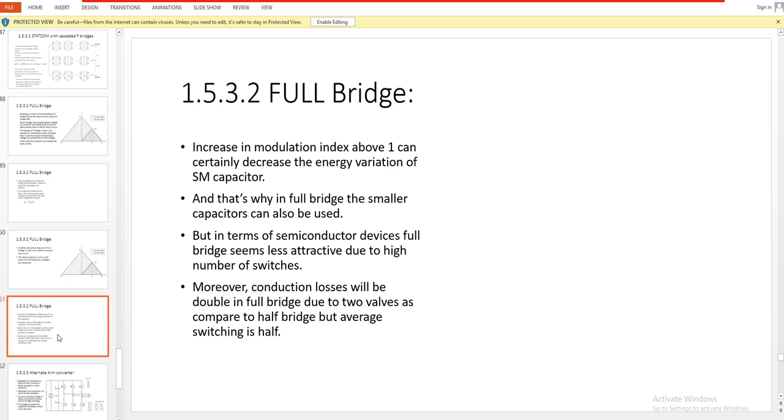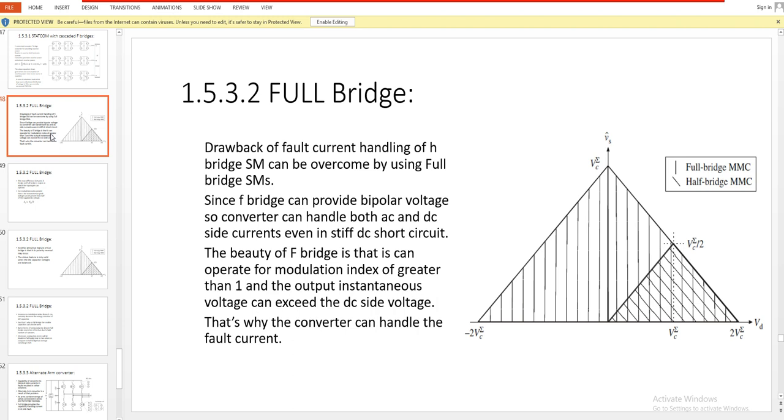So till now we have discussed the drawbacks of the half bridge submodule, that it loses its control whenever a stiff DC fault occurs at the DC side, and that particular problem is overcome by the full bridge submodule.